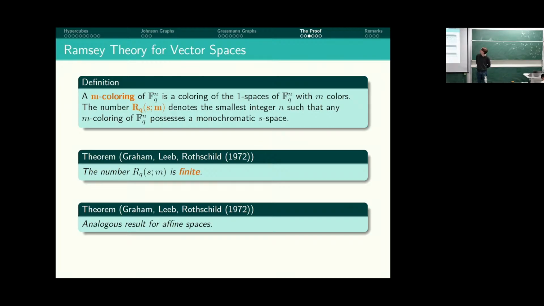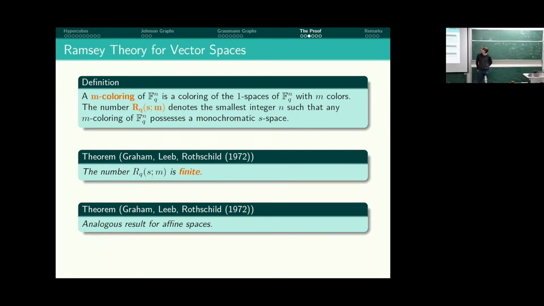And here you have a more formal definition of the vector space Ramsey number R_q(s,m). Whenever you color the 1-spaces of an n-dimensional vector space, or if you prefer points of a projective space, and you make your dimension large enough, then you will find a monochromatic subspace.